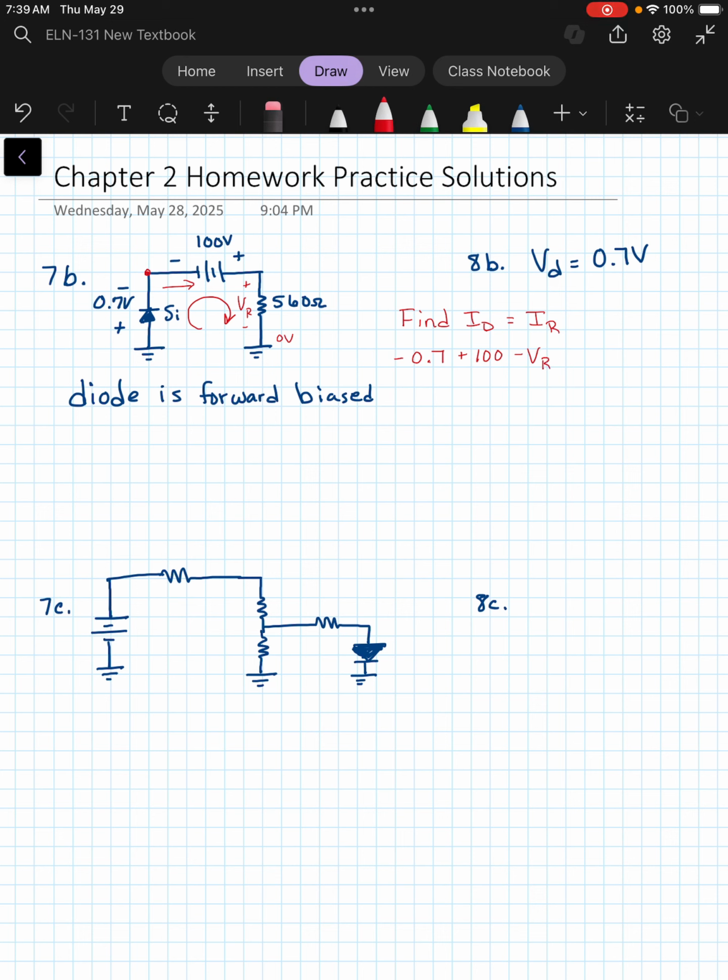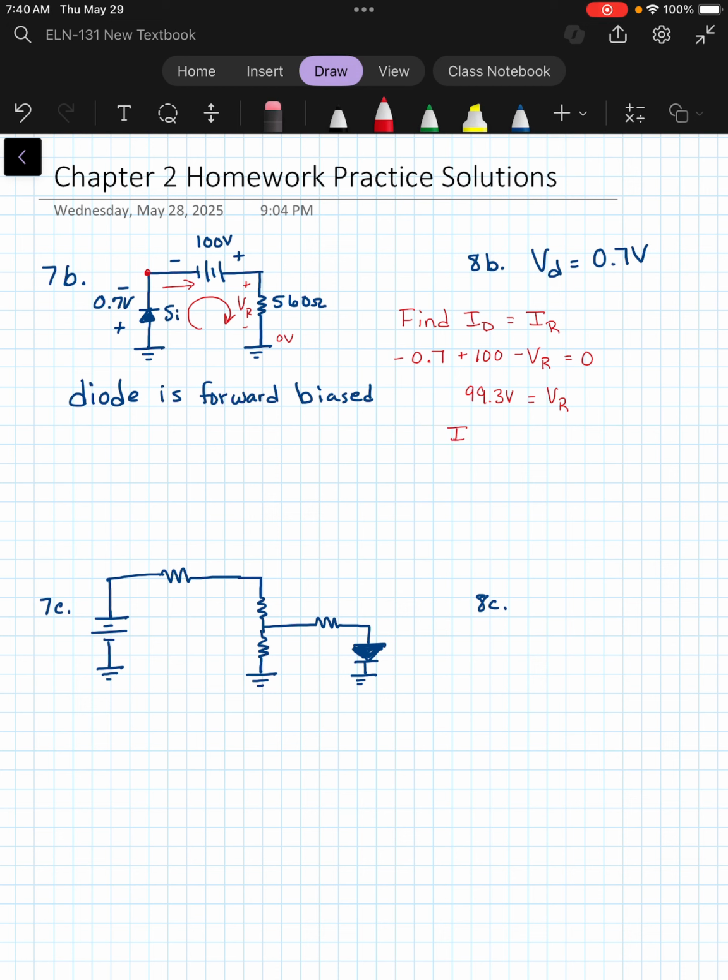And then when we get back to where we started, around that loop, that has to equal 0. So this tells us that VR, if we move it to the right-hand side, becomes positive. VR would actually be 99.3 volts. It's 100 minus that 0.7.